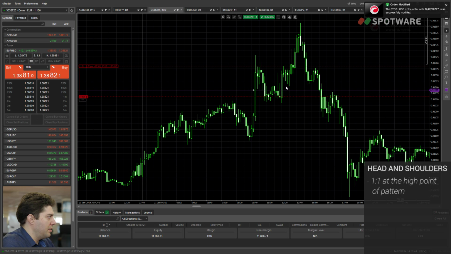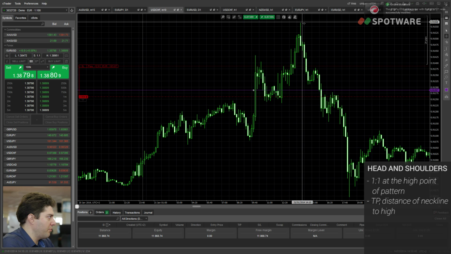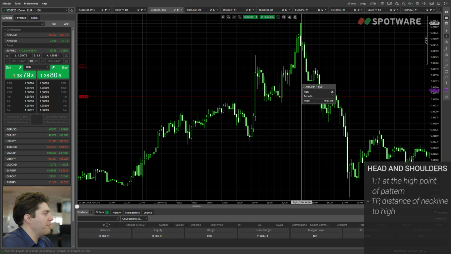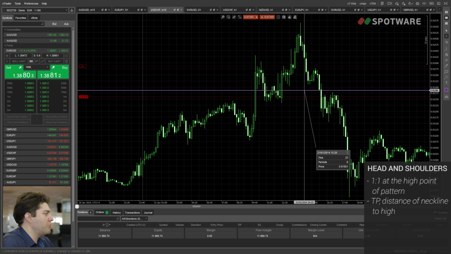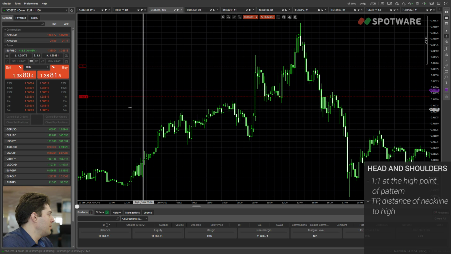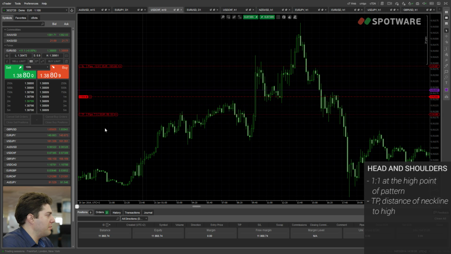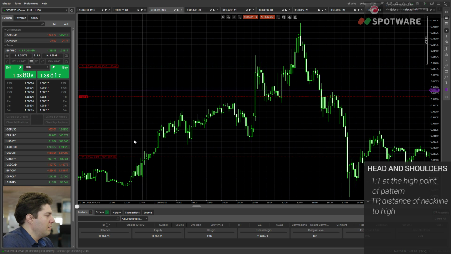The target is the distance between the high point of the trend and the neckline. In this case it's 28 pips. You put 25 just to make sure, and you can put a 25 pip take profit.